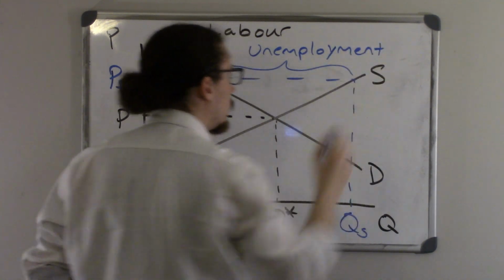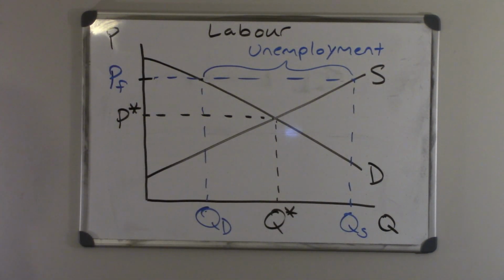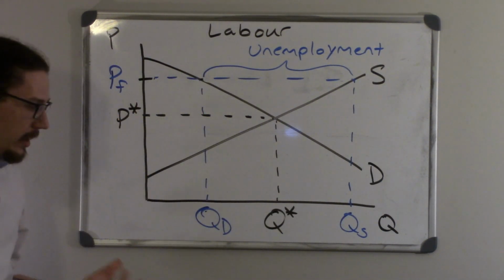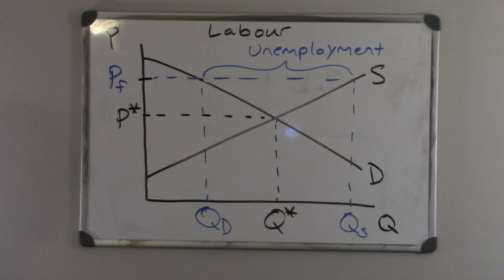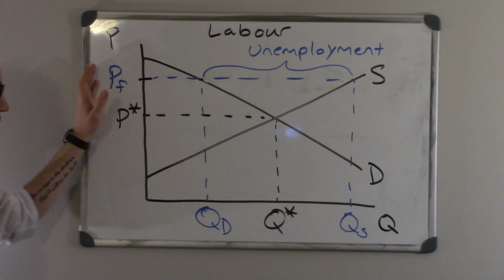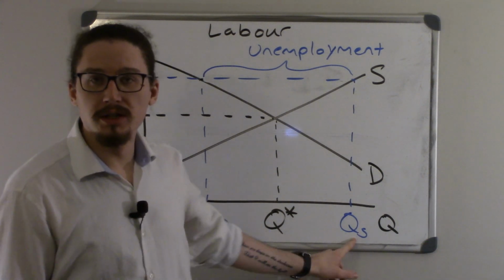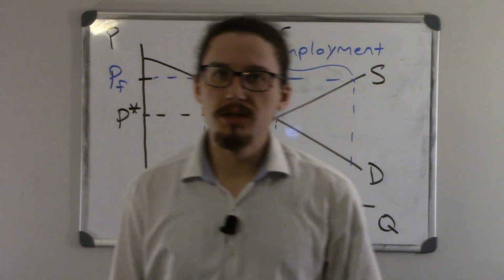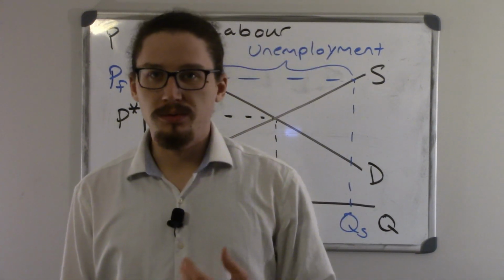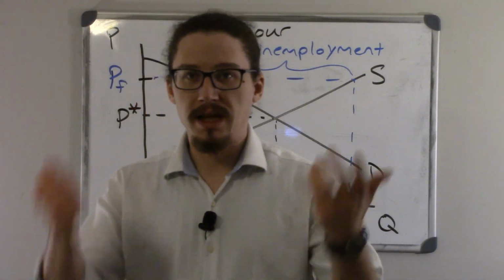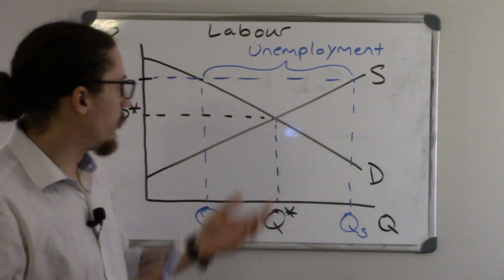And that is unemployment. When we have a price floor, that price floor is going to encourage people, workers, to try to get a job because that price is very high.